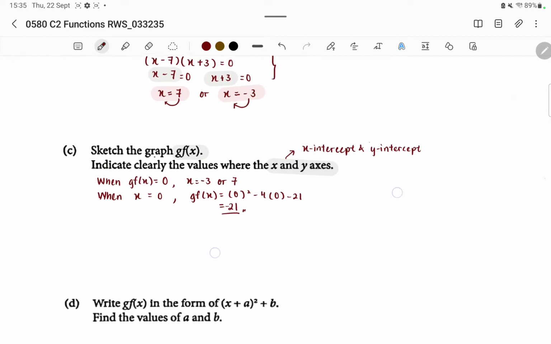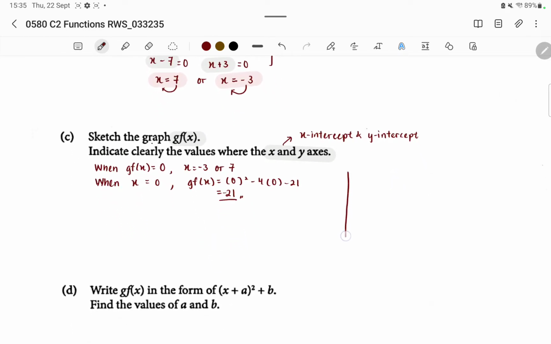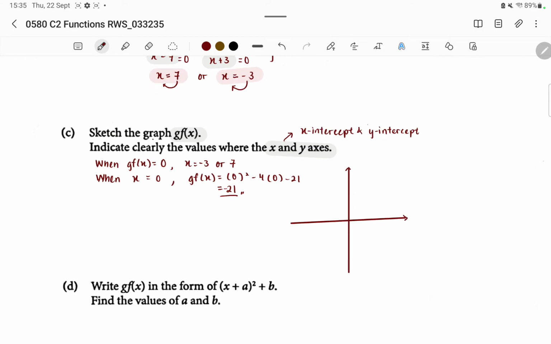So this one we sketch out first. The parabola graph you have to draw freehand, so that's why you see I draw until not that nice.